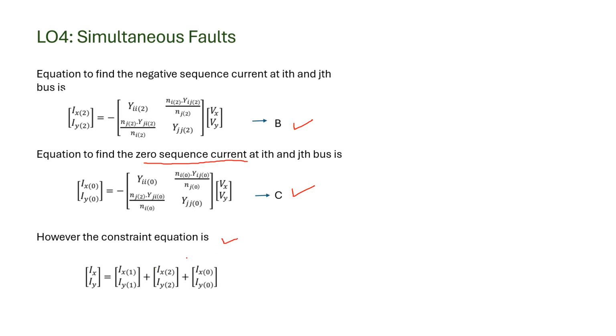As we know, the current at the fault Ix will be the sum of the three currents, I1 plus I2 plus I0, that is the sum of the three sequence currents. So Ix1 plus Ix2 plus Ix0. So we add them and we get the fault current at the X location. Similarly at the Y location.